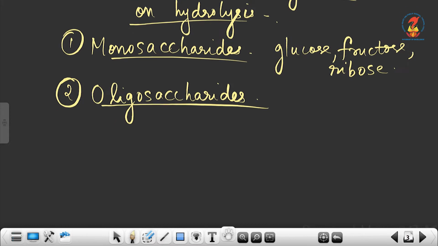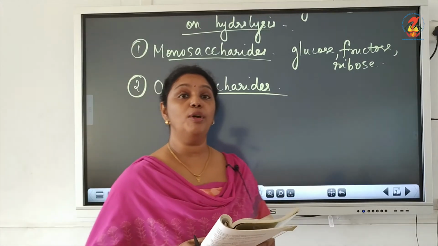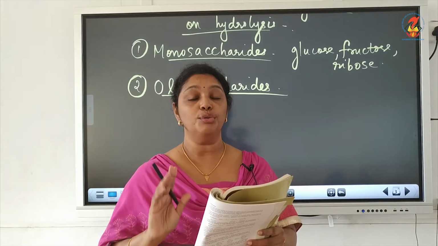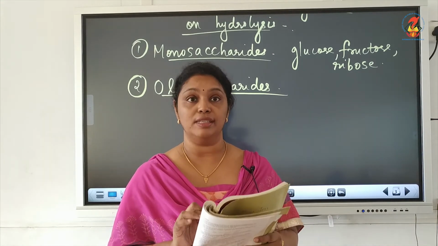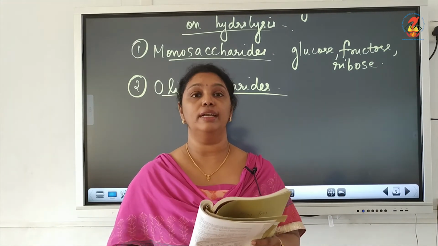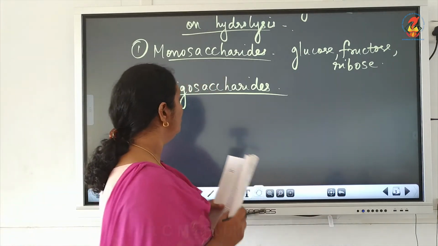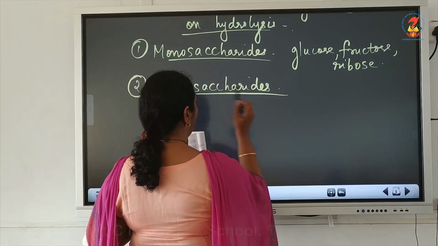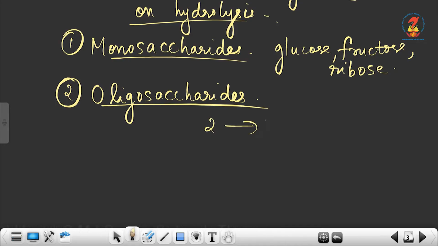Now, what are oligosaccharides? Carbohydrates that yield 2 to 10 monosaccharide units on hydrolysis are called oligosaccharides. So, oligosaccharides means these carbohydrates when hydrolyzed we get 2 to 10 monosaccharides.